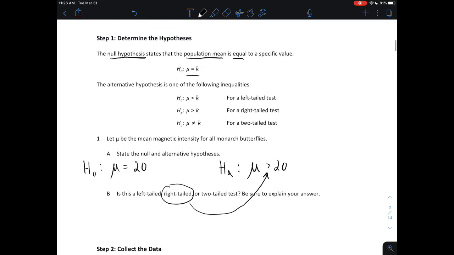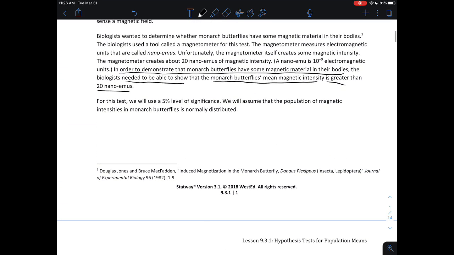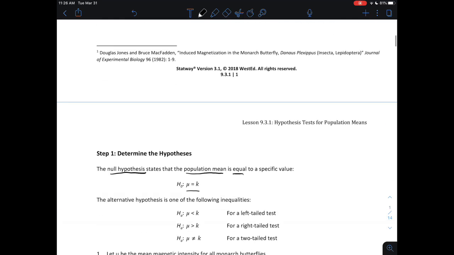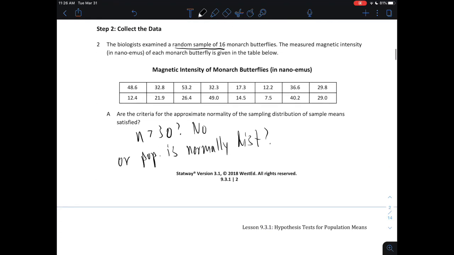And we do have that, because the population being normally distributed was under assumption. So we do have the criteria for approximate normality satisfied, and that's by assumption. It's important to note that you only need one of those things to be true.